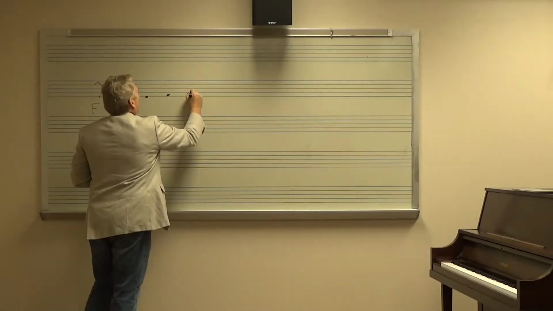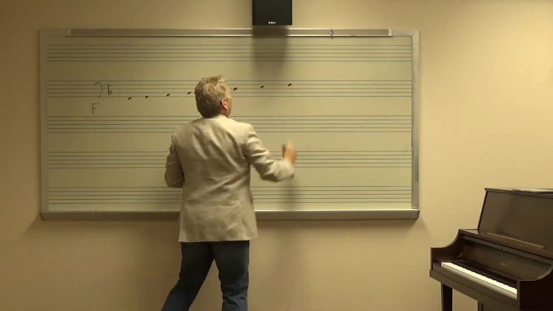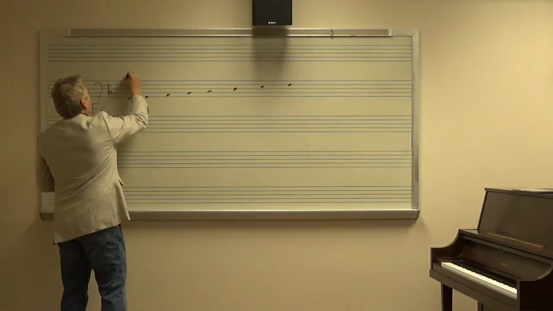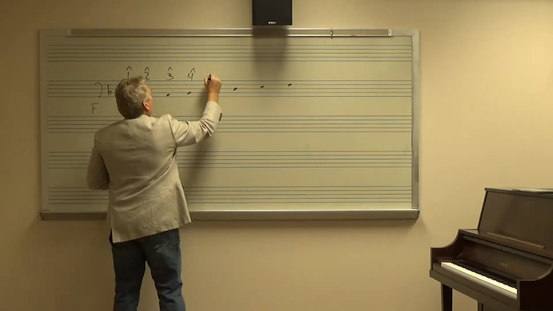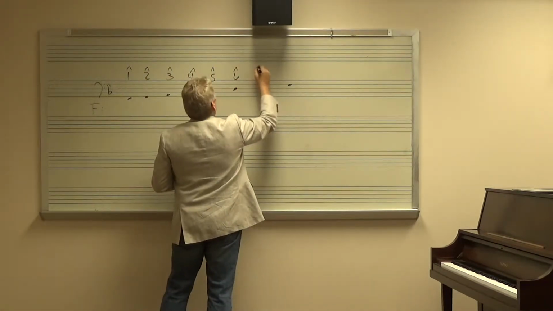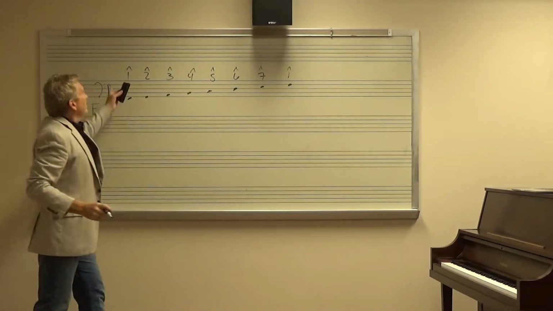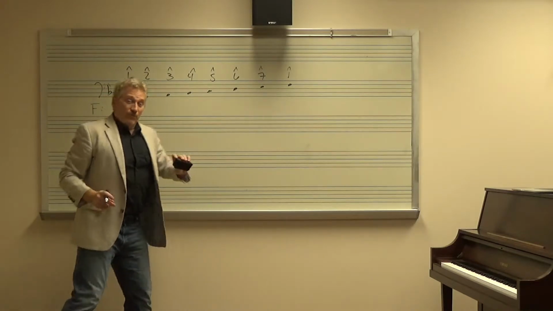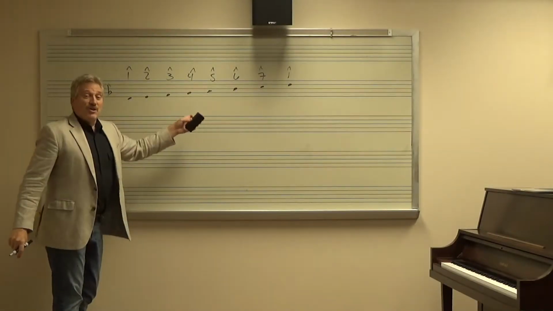Now, Roman numeral analysis indicates to us by Roman numeral which scale degree we have. Here we have our tonic, our supertonic, our mediant, our subdominant, our dominant, our submediant, and since we're in major, our leading tone, and we're back, of course, to the tonic. Instead of using Arabic numbers, we use Roman numerals to indicate which scale degree this pitch is.